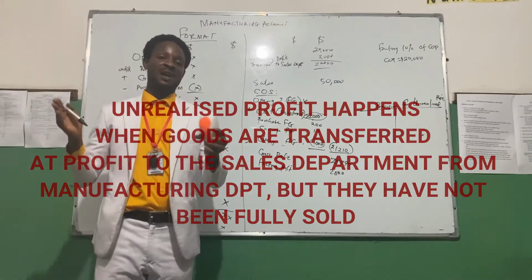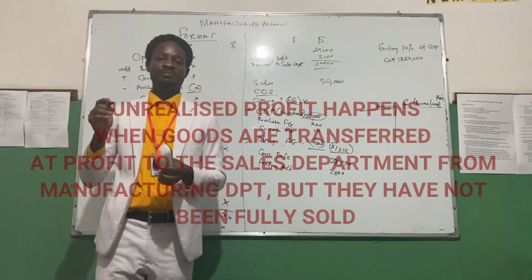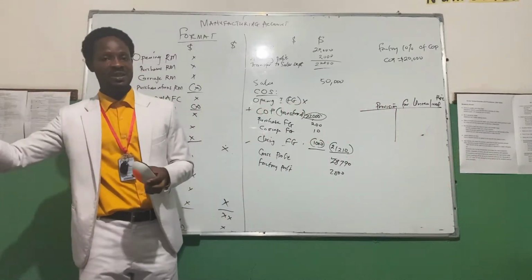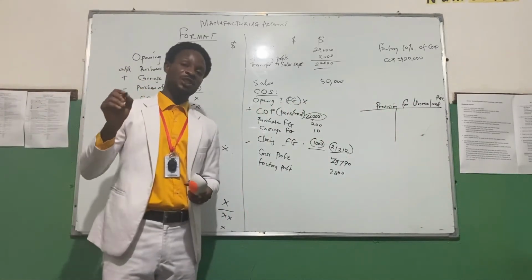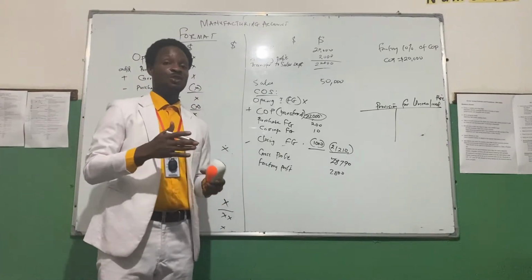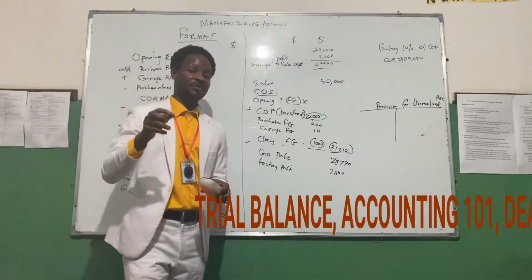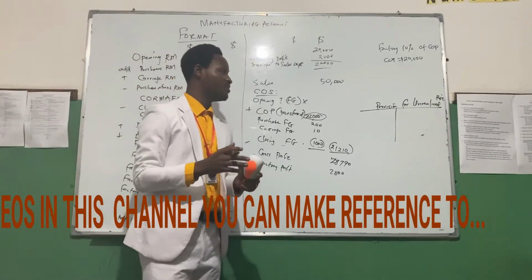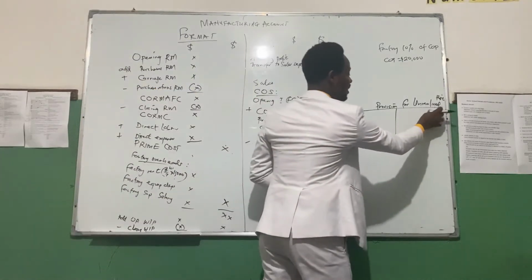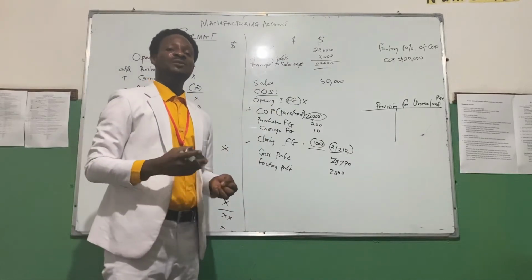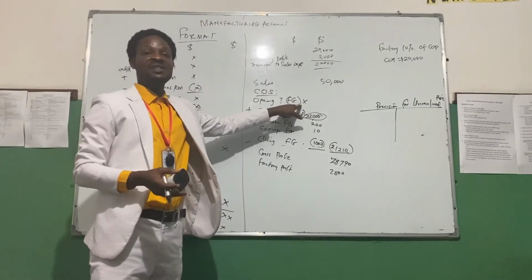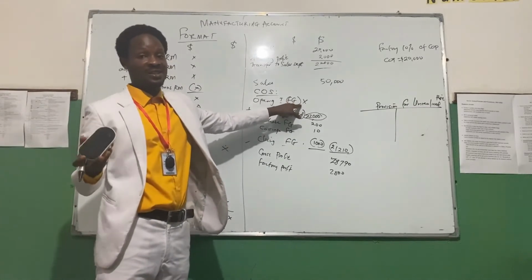DEAD are those items on the debit side, and CLIP are those items on the credit side. P in CLIP is provision. Opening provisions will be on the credit side. What I just said as an acronym is already on this channel in the accounting 101 or double entry system video. You can relate to it. Now, provision opening will be on the credit side. At the beginning of this period, there was no opening inventory. That means there was zero unrealized profit.